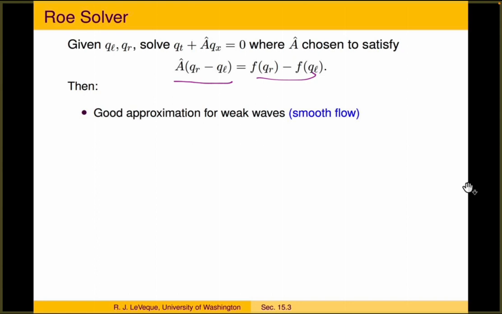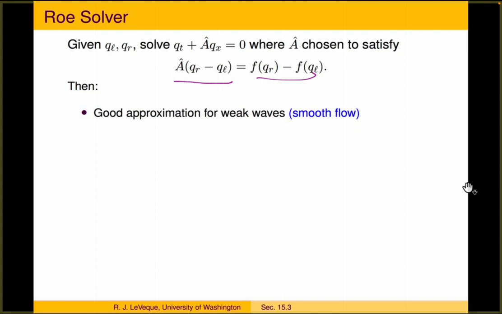We have some formula for A hat as a function of Q left and Q right. But it should have the property that for the particular jump that defined this matrix A hat, A hat times the jump in Q is equal to the jump in F.